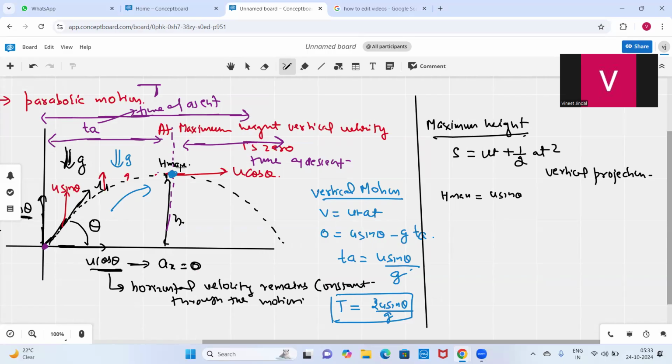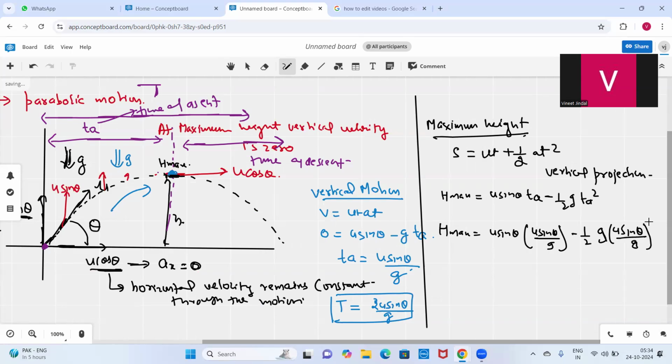If we take the instant at the maximum height, we will take the time as time of ascent, minus half g TA square. Why is there a minus sign? Because the object is going against gravity. So H max is equal to u sin theta times time of ascent, which is u sin theta divided by g, minus half g times (u sin theta divided by g) whole square.